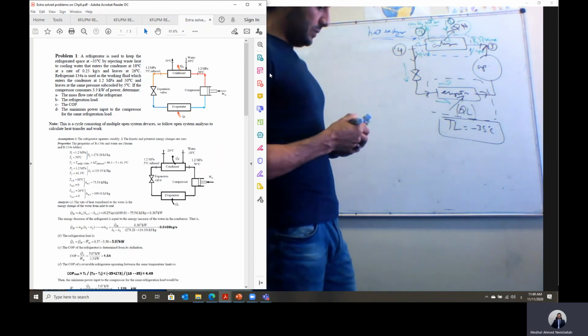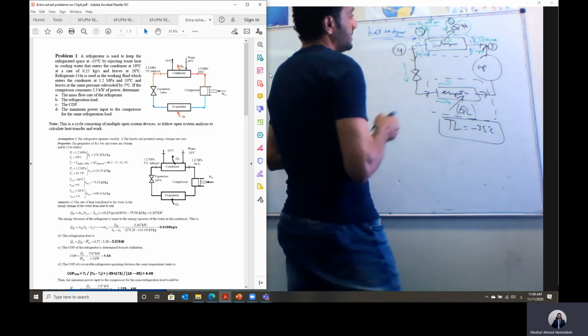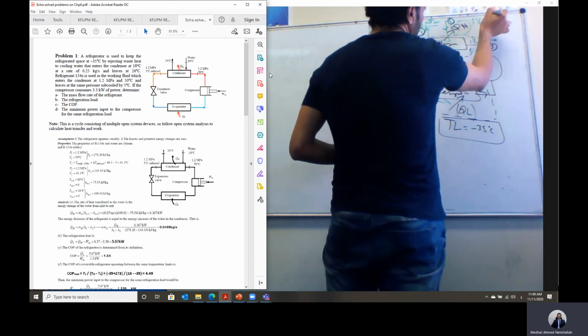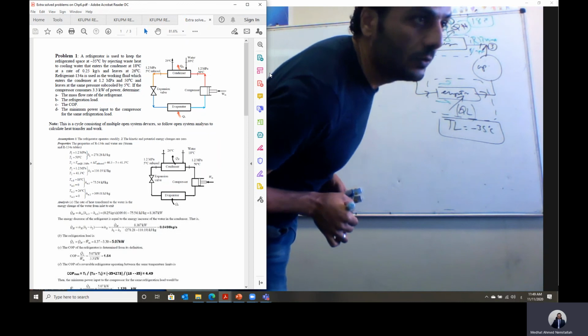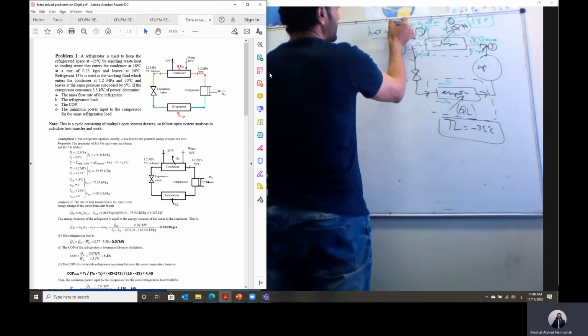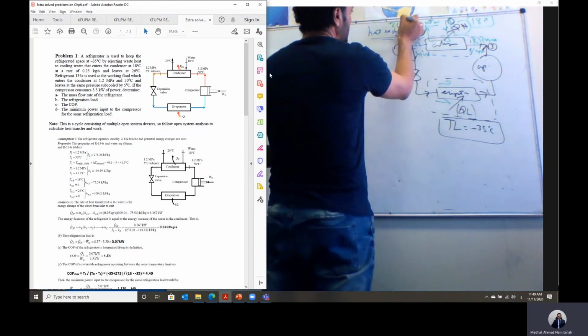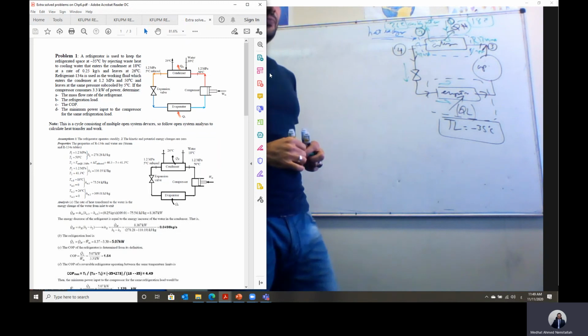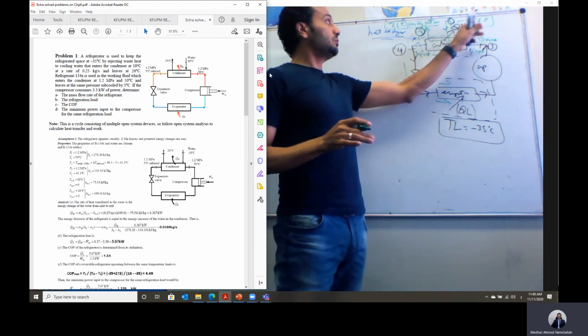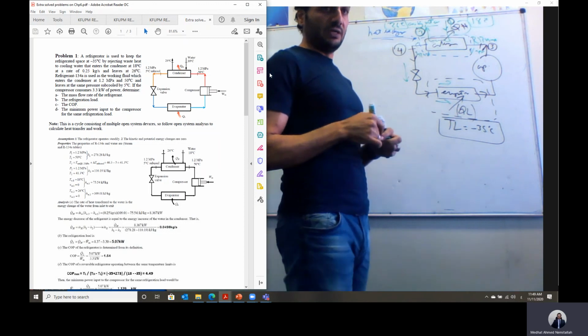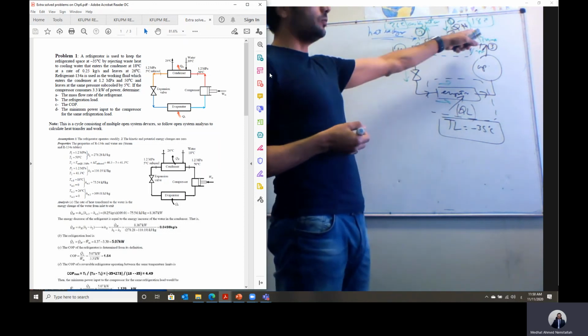The cooling water is coming at state 1 at 18 degrees C, and it is leaving at state 2 at 26 degrees C. That is liquid water, so it is enough to give only the temperatures T1 and T2, because the state is subcooled.